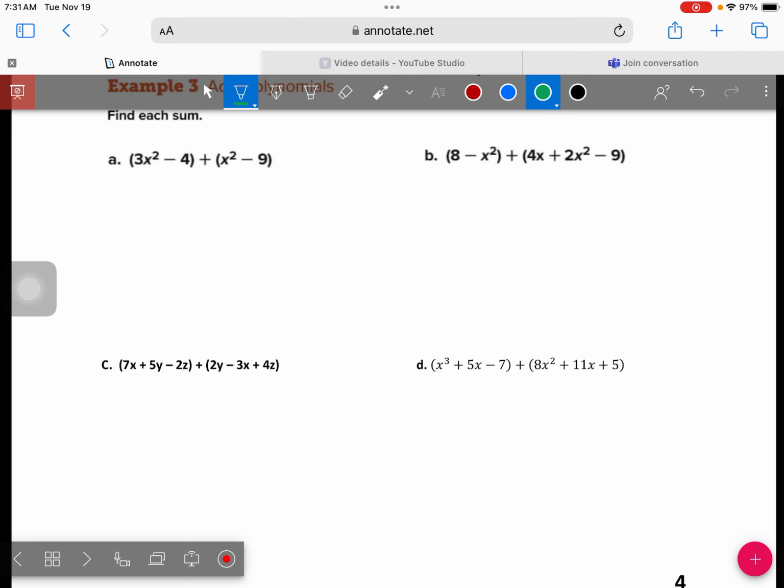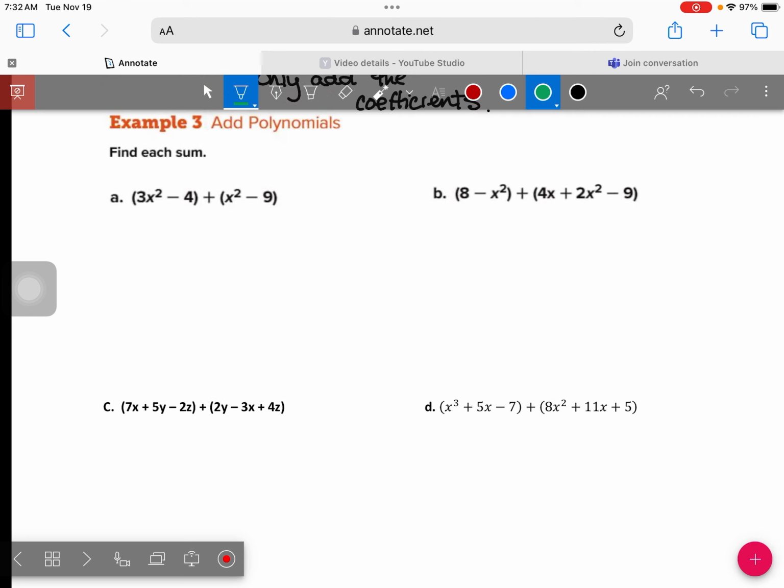All right, so let's take a look at the first one. Find each sum. Sum means we are doing addition. Okay, so I'm going to do this first horizontally. I have a 3x squared plus an x squared, okay? And then I have a -4 plus a -9.